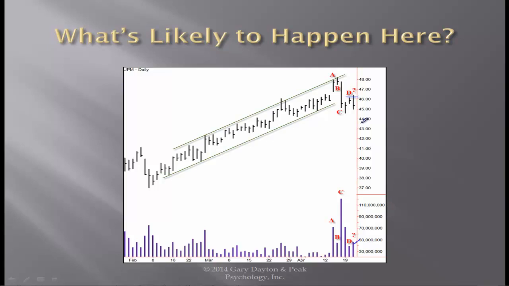Just short it and put your stop. You'd be shorting at 45 and, I don't know, 20 cents maybe, and you'd put your stop at 46 and 80, you know? You got a $1.50 stop. It's nothing for that kind of a stock. And you adjust your position size accordingly.